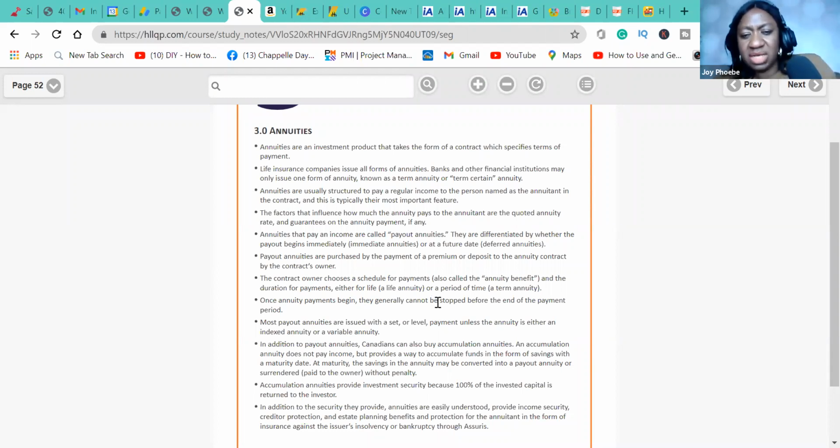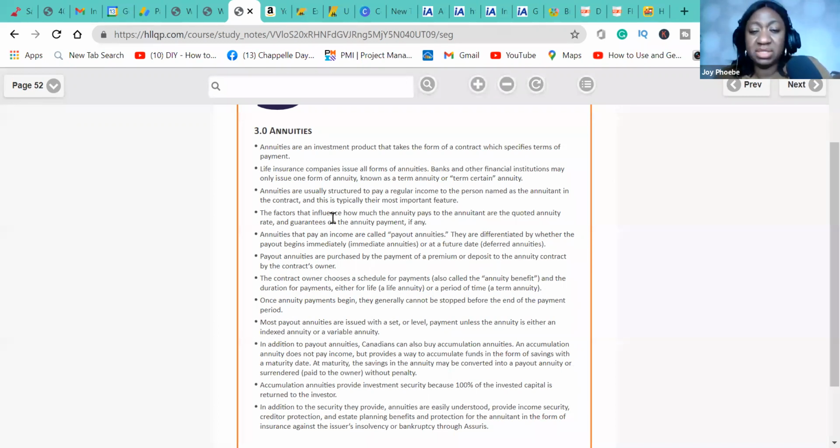I've talked about the fact that an annuity can be deferred or immediate. The contract owner chooses a schedule of payment, also called annuity benefits, and the duration of payments. The contract owner tells the insurance company how often they want to receive payments.